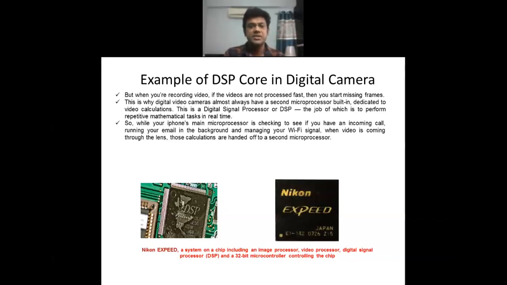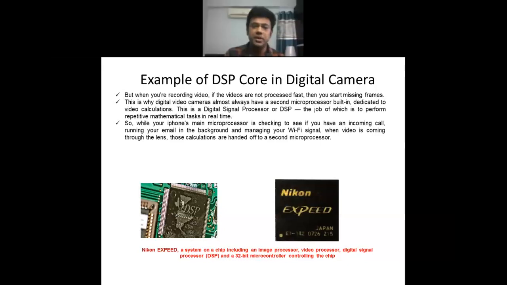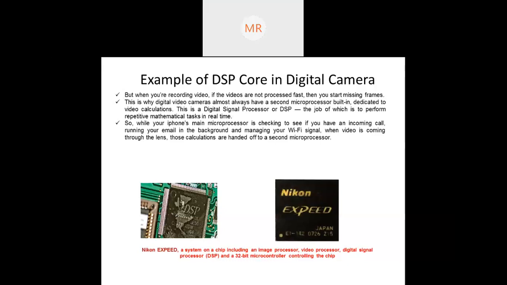But the processor actually responsible for processing the videos and the audios is the dedicated DSP block, because it is doing all the mathematical calculations which a normal microprocessor, if allocated, will consume a lot of time. So besides the main microprocessor, there is also a dedicated DSP block available in a digital camera.